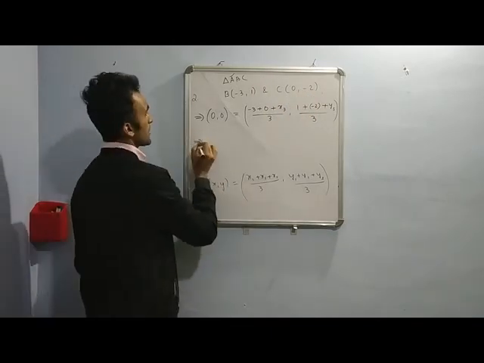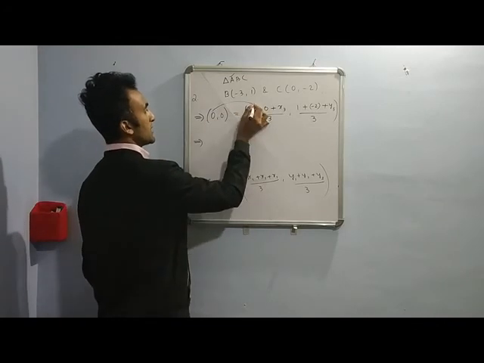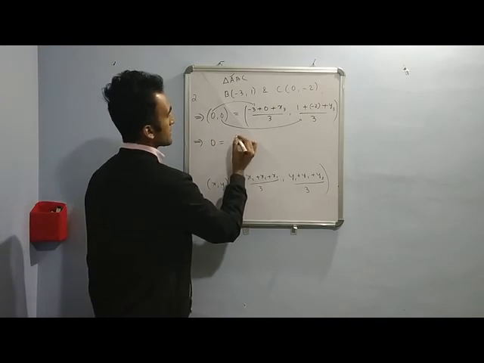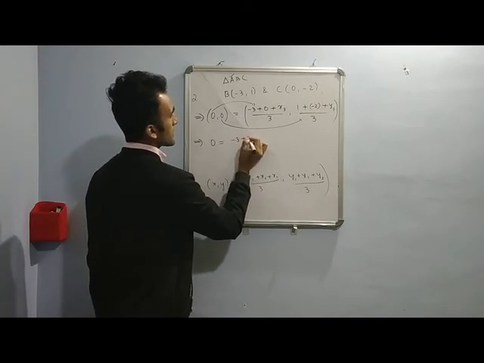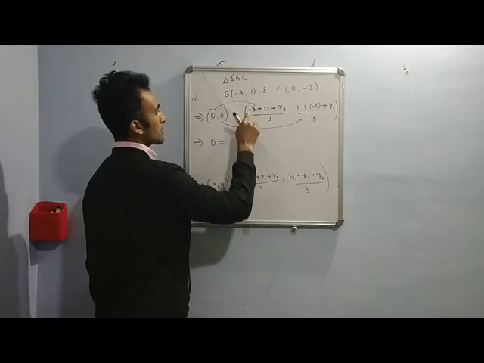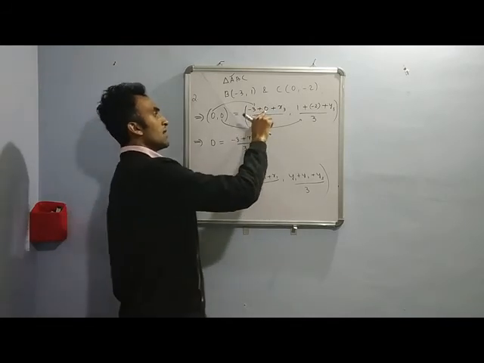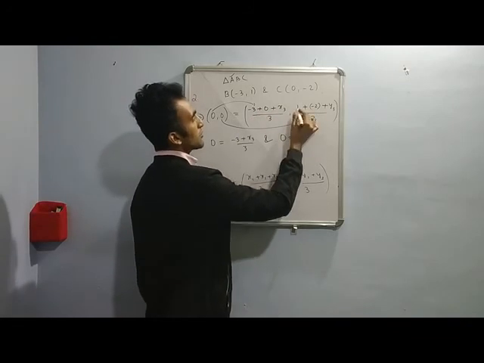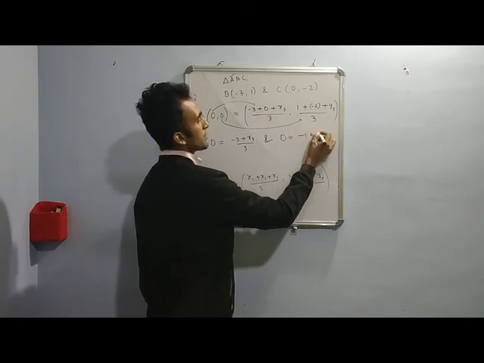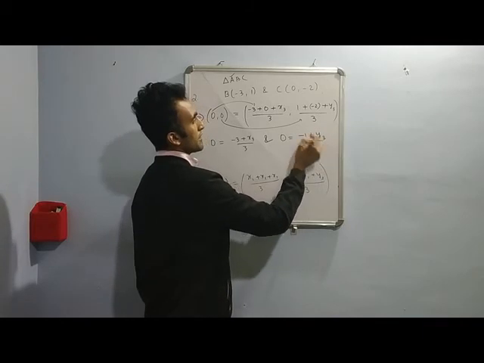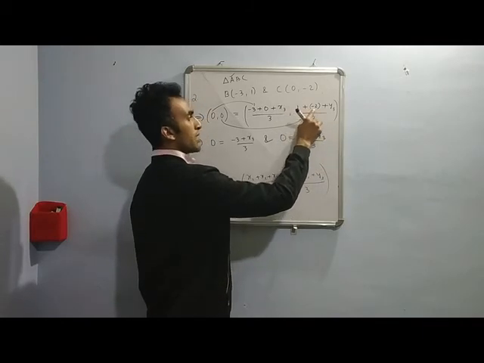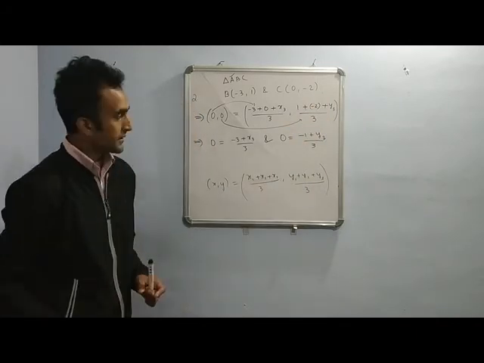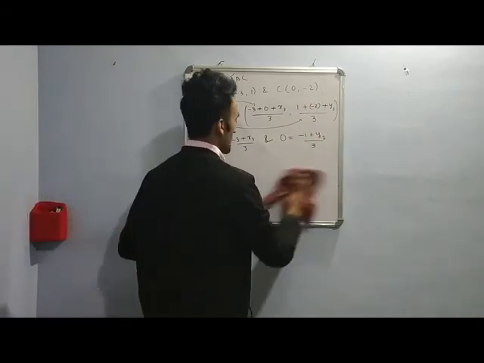Now first one equals first x coordinate, and this is the y coordinate. So 0 equals minus 3 plus x3 divided by 3, because minus 3 plus 0 is minus 3. And the next one, 0 equals minus 1 plus y3 divided by 3, because 1 minus 2 is minus 1. Things are clear?